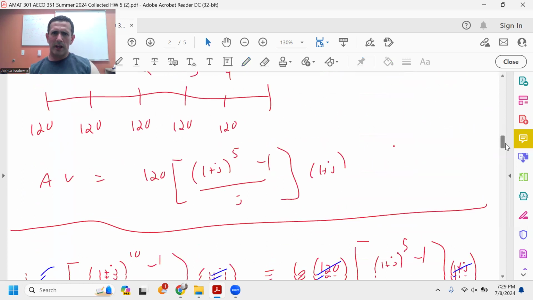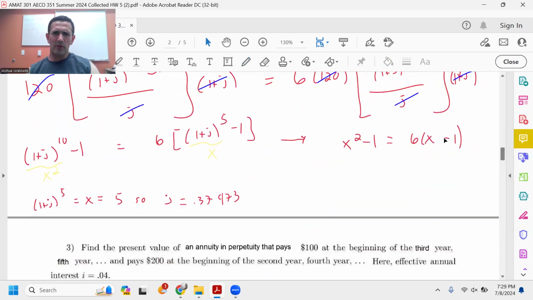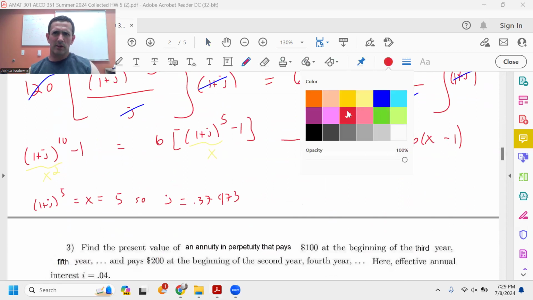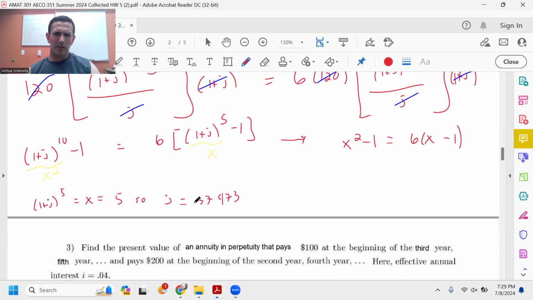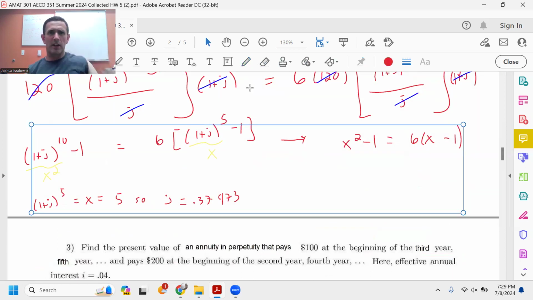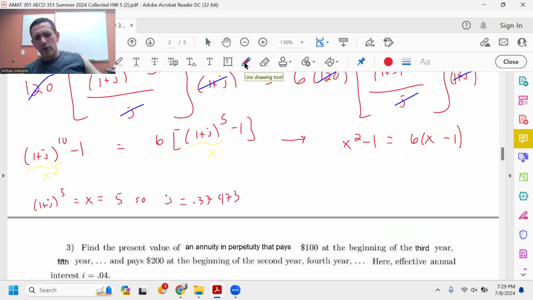Now, a bit of practicality. So you really need to just think about what this is saying. So every 5 years, I'm growing by 38%. So when you solve for your annual interest rate, you're going to be growing by a lot less every year.